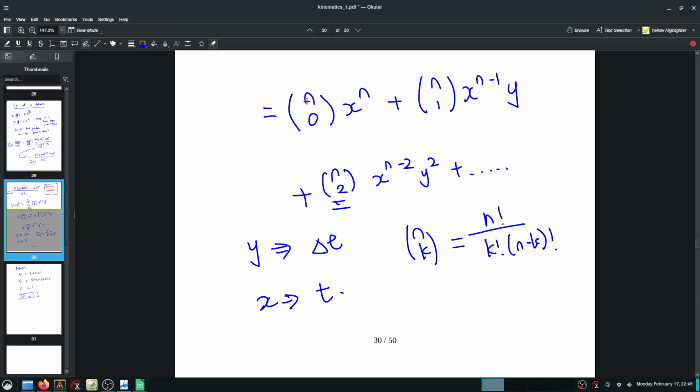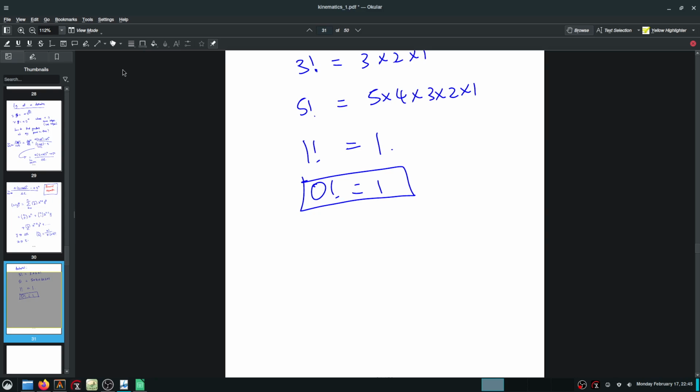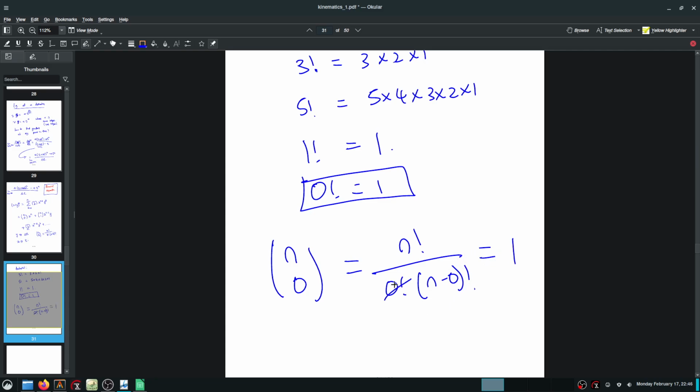Okay, so n choose 0. Let's just figure out what these are. This is the first binomial coefficient, n factorial over 0 factorial times (n minus 0) factorial. Thankfully, this one doesn't give you a 0, it actually gives you a 1.